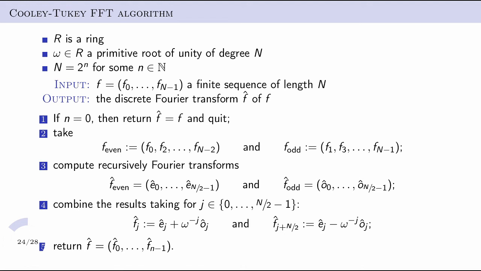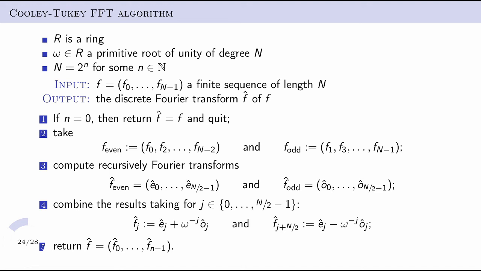We just take elements with even indices separately, elements with odd indices separately. Now we recursively call this algorithm again for each of these shorter sequences to compute their Fourier transform.